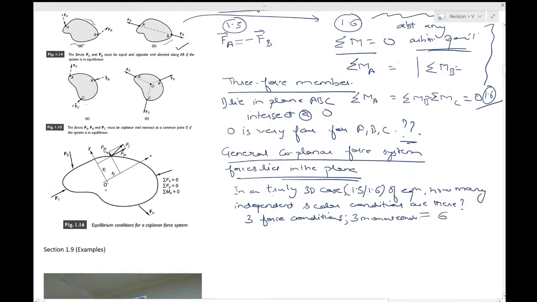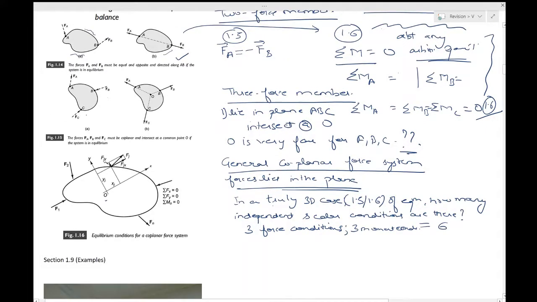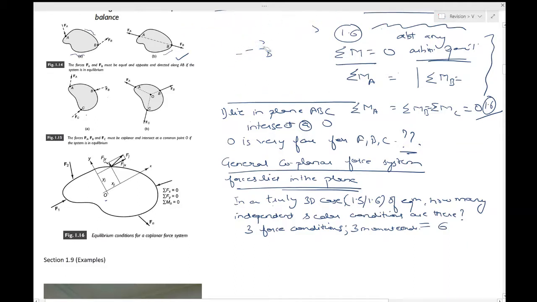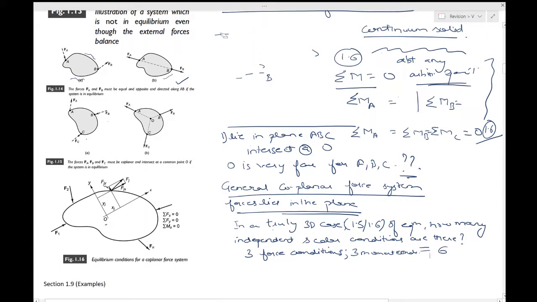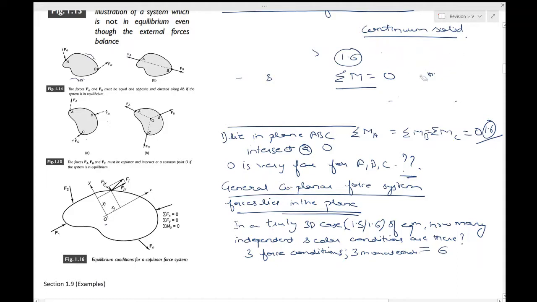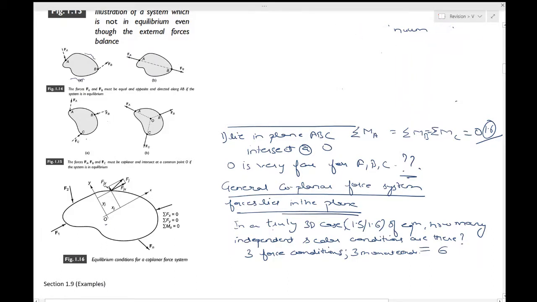Now, if you want to see this, I'll remove some part of it. Let me just do this over here. Now, if you have a system in which you have planar forces, I mean the forces are lying in the same plane, then clearly you don't require these 6 conditions of equilibrium, and hence your problem will be much simpler.